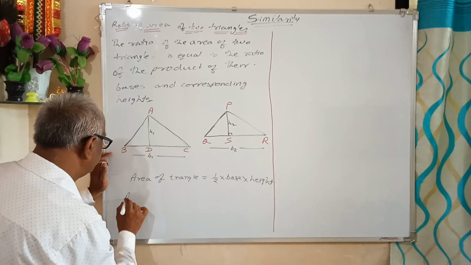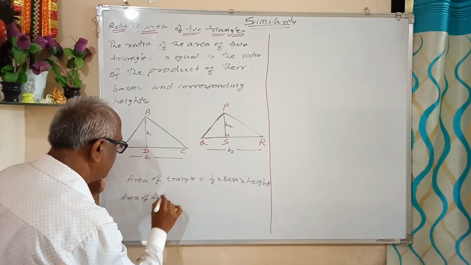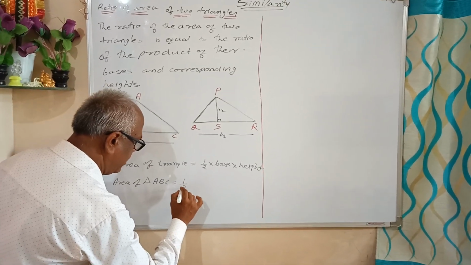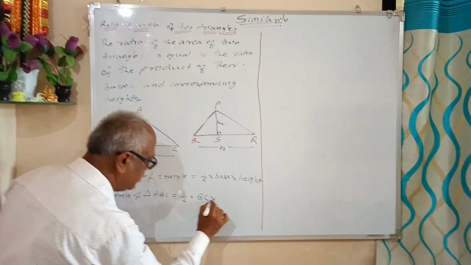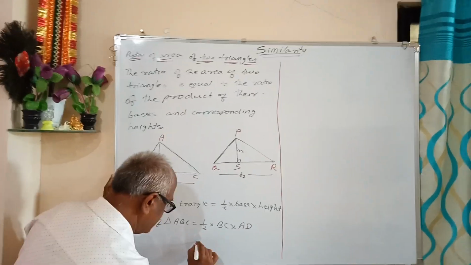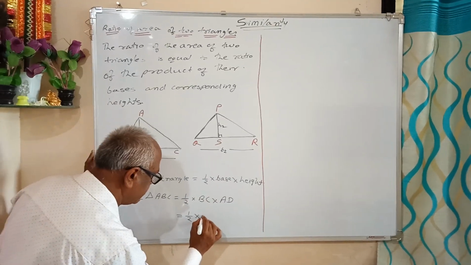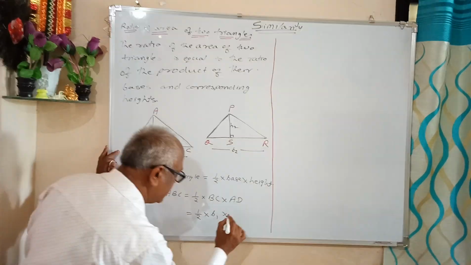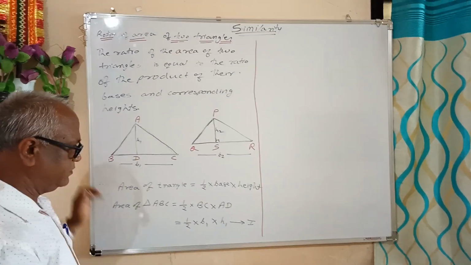Therefore, area of triangle ABC is equal to half into base, which is BC, into height, which is AD, which is equal to 1 upon 2 into BC, which we have taken as B1, into AD, which we have taken as H1. This is equation number 1.